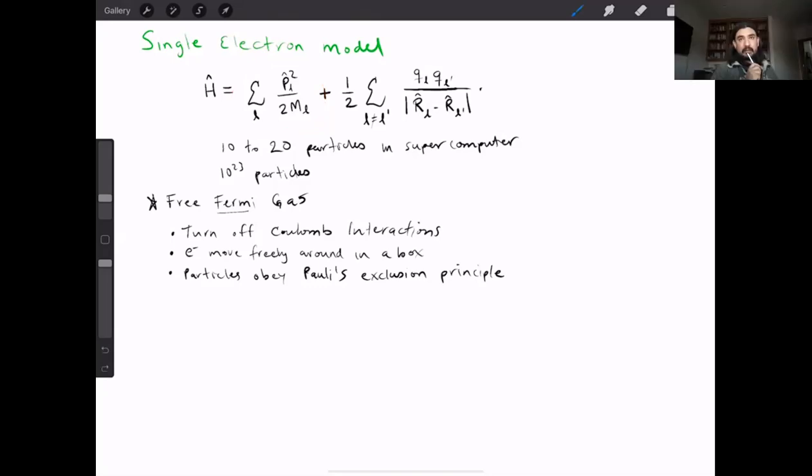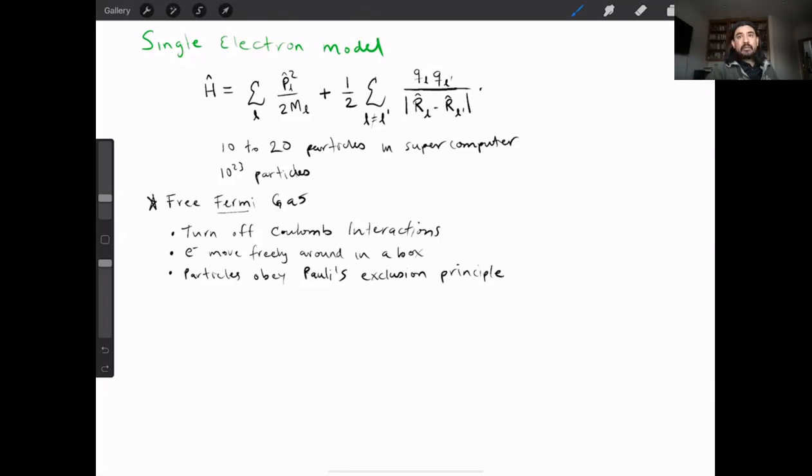Right. In fact, if you're looking at something like sodium, and all of the alkali metals, the first column of the periodic table, the free Fermi gas model captures some of their features really well.